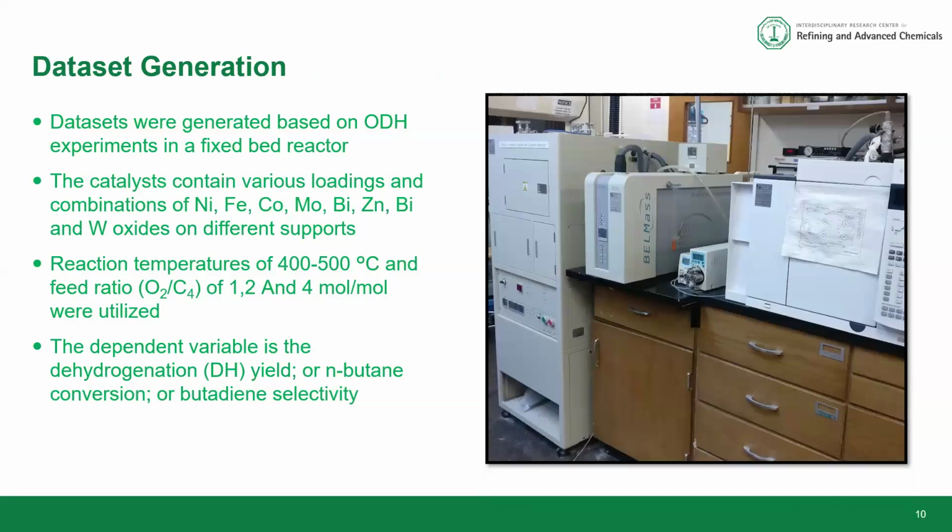And these are the combinations of metal oxide that we have used, the reaction temperature range, and the ratio of the feed, which is butane, and oxidant, which is oxygen. The dependent variable for these studies is the yield of the hydrogenation products. Other people can also look at the conversion or butadiene selectivity.